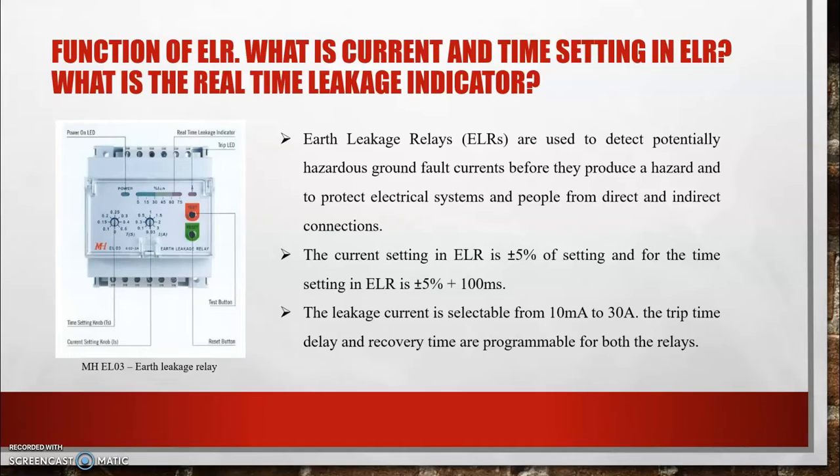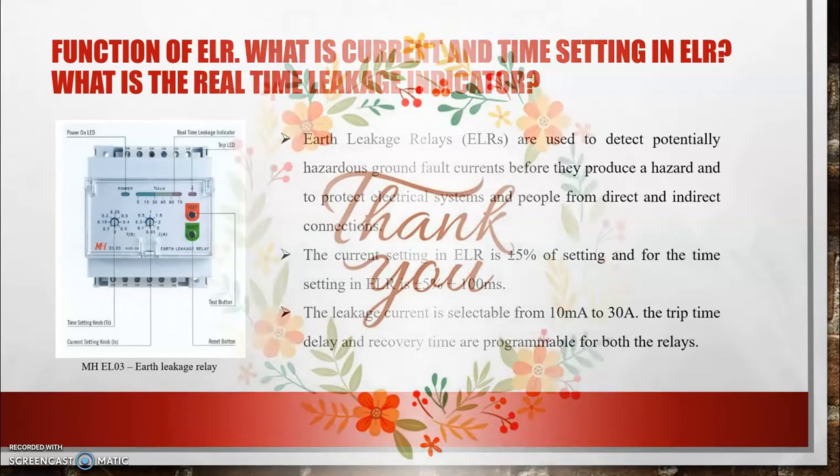The current setting in ELR is plus minus 5% of setting, and the time setting in ELR is plus minus 5% plus 100 milliseconds. And the last, the leakage current is selectable from 10 milliampere to 30 ampere, and the trip delay and recovery time are programmable for both the relays. And this is the figure of earth leakage relay for MHEL03.